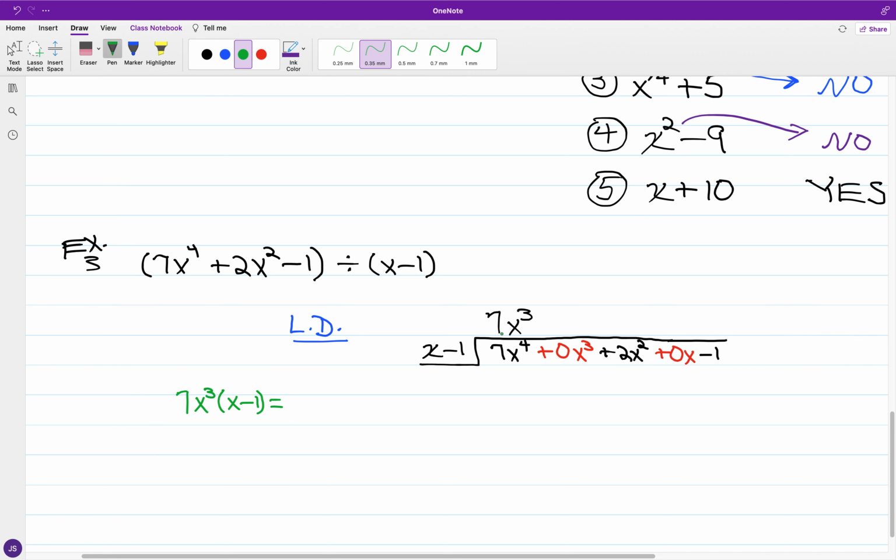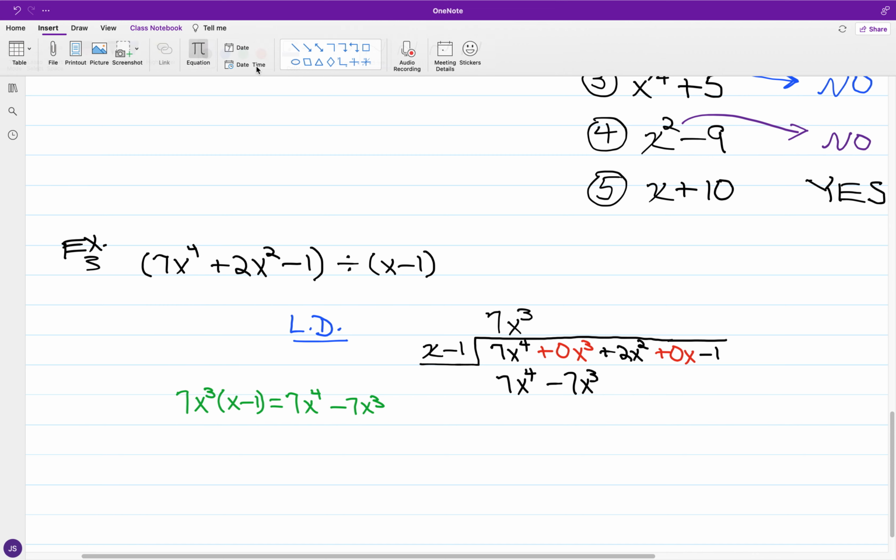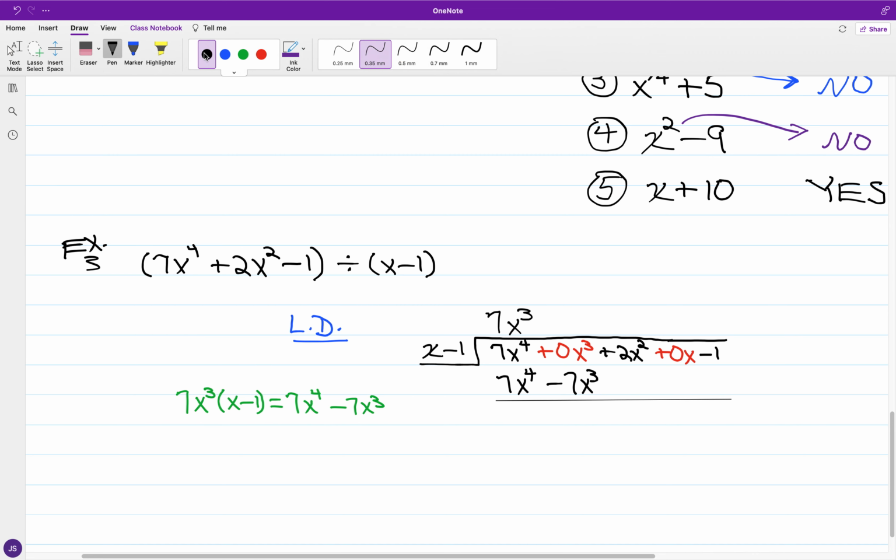So I got 7x cubed times all of x minus 1, so this will be 7x to the fourth minus 7x cubed. If I take these terms and line them up underneath the like terms from the dividend, 7x to the fourth minus 7x to the fourth will go out, and then we've got 0 and plus 7x cubed.